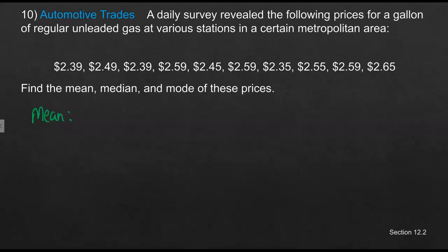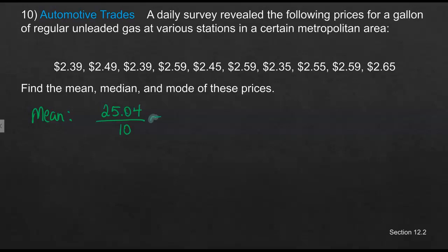So we're going to total up these numbers. And then it was 1, 2, 3, 4, 5, 6, 7, 8, 9, 10. It didn't tell that in the directions this time. So my total is 25.04, and we're dividing by 10.